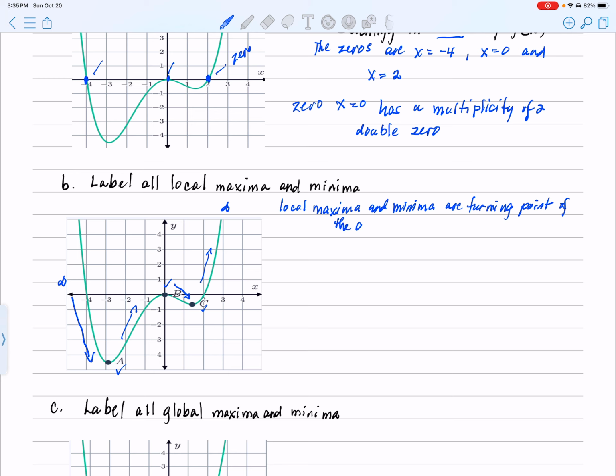So as I've said, it tries to decrease, increase, then decrease, then increase.